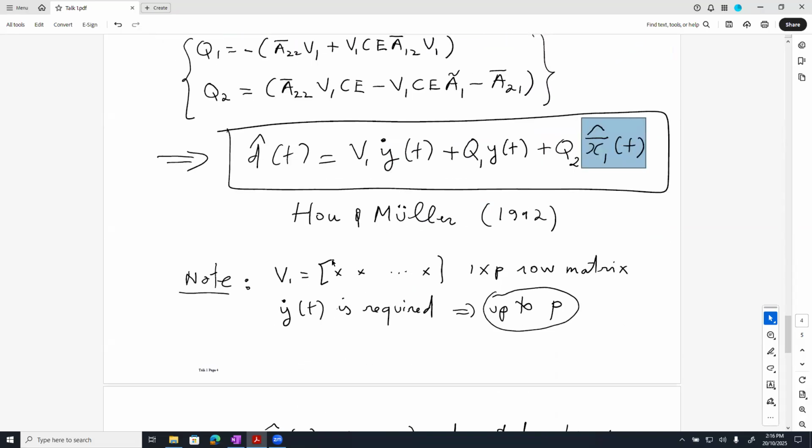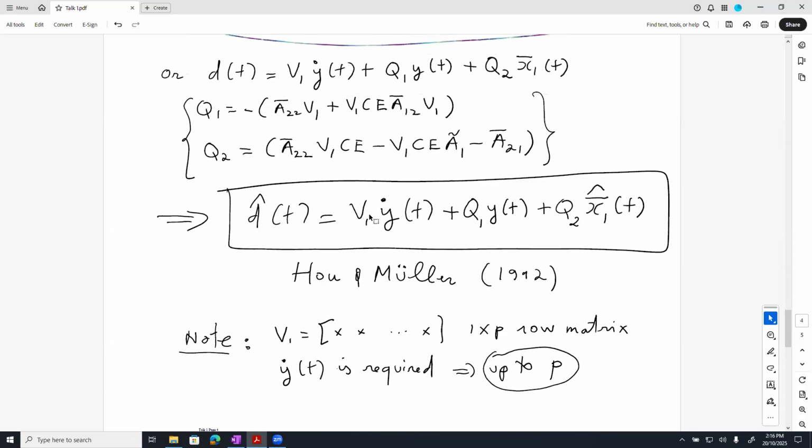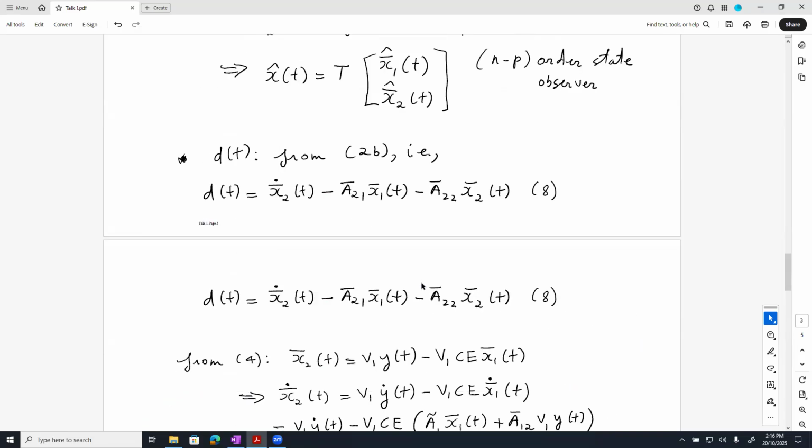Now let us make the following remarks or observations. When we look at the matrix V1, it's a row matrix and it has p elements in there. Now what is V1?